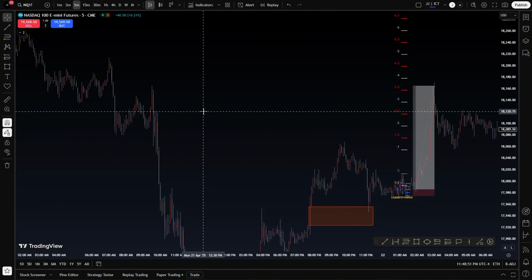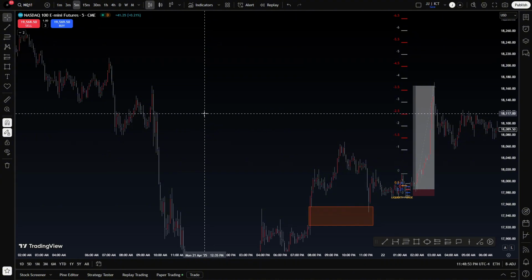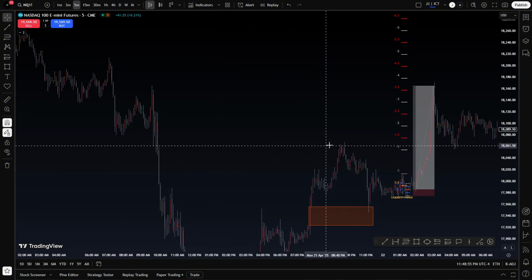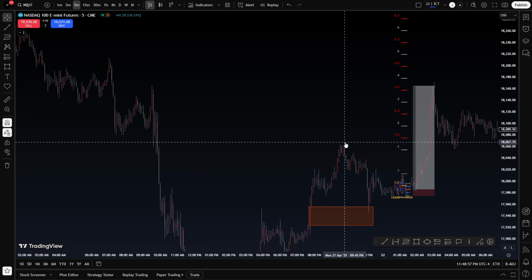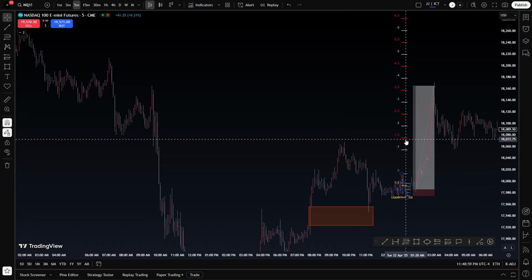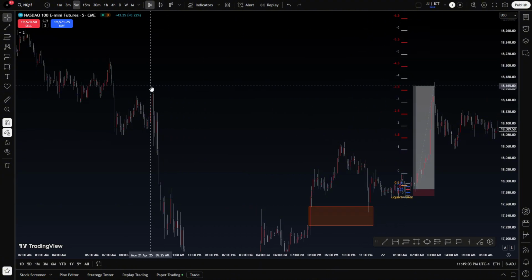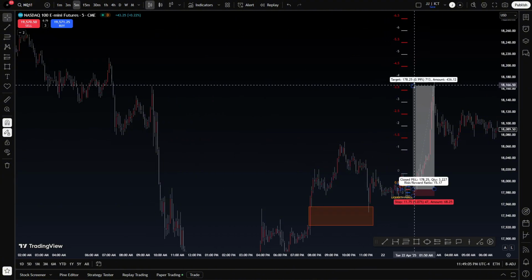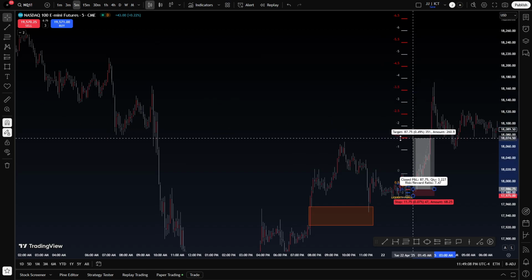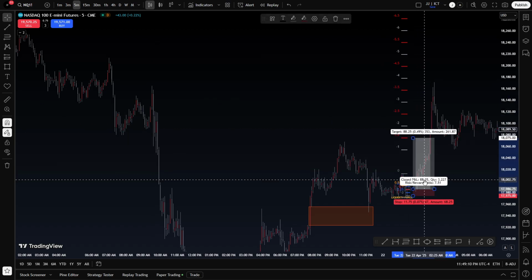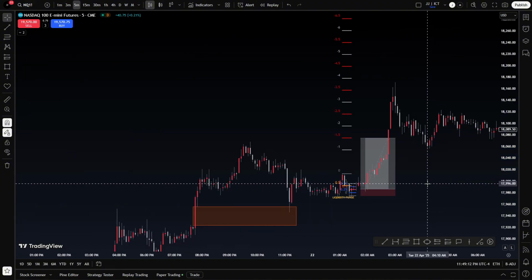So the closer it is to a certain point of interest, the better the target is. That's why I took this high. I advise you to take this high, because the 1.5 standard deviation is closer to this high than the 4th standard deviation is. So to be safe, take the 1.5 standard deviation, which will provide you with 7.5, which is a pretty good setup.